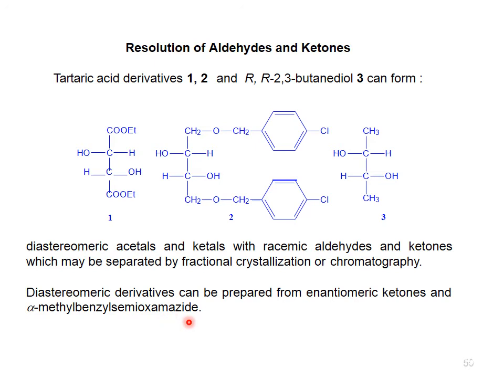If you have any problem you can ask me and I will try to give you an answer, but you have to listen to the lecture very carefully, and then you have to study some basic books like D. Nasipuri and Eliel so that you can understand the basics of stereochemistry.